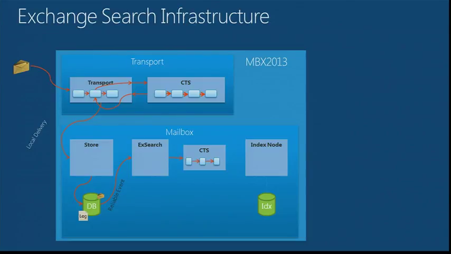So it will go and get that, and pass it to the CTS that's on the mailbox service. It will read the content, and then index it in the index node, and then it's ultimately stored in the index. So this same message sent to 3 people has only been indexed once, even though it's gone through the entire system. So right there, just using the basic example, the first message coming into 3 people, that's already 1/3 of the indexing that we would do on that message.